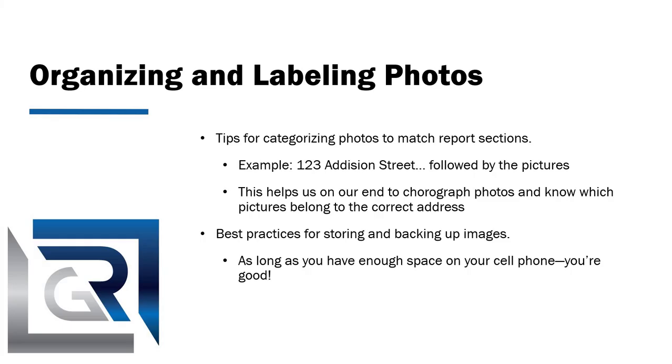That's what I mean by labeling. You're one of several sending photos to us, so we want to make sure we match and marry up the correct address with the correct pictures.